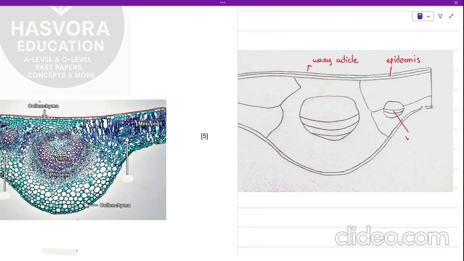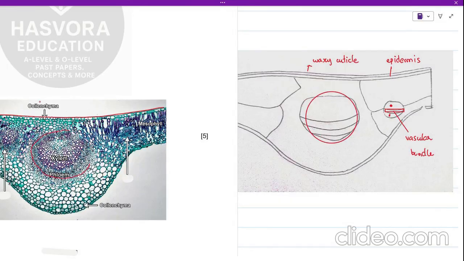Then this is the vascular bundle. This is a small vascular bundle, with this part being the xylem. This is the xylem, and this is the phloem, and you can see the cambium between them. Now this is the large vascular bundle in between, which you could see.